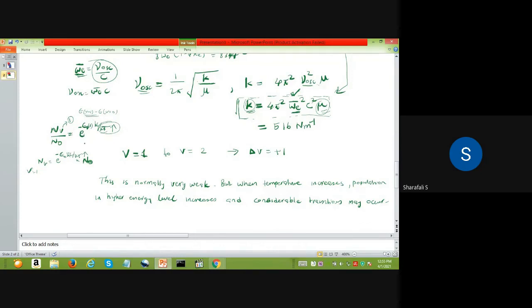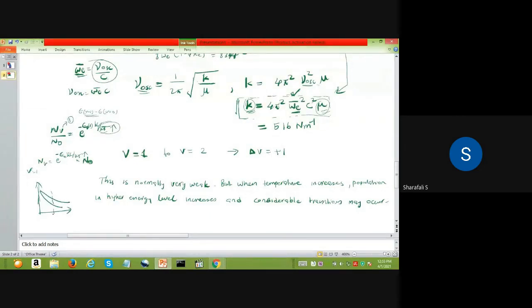Then you will get more population, which means that when your temperature increases, the number of molecules in higher energy levels also increases. That's what we did in the last section. The decay will be like this in one case, and like this in the second case.